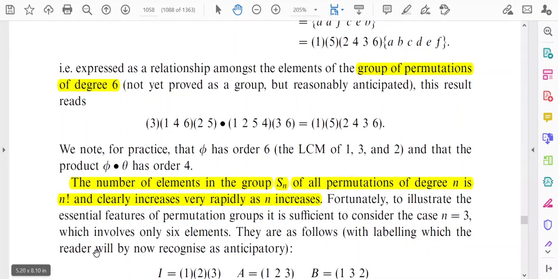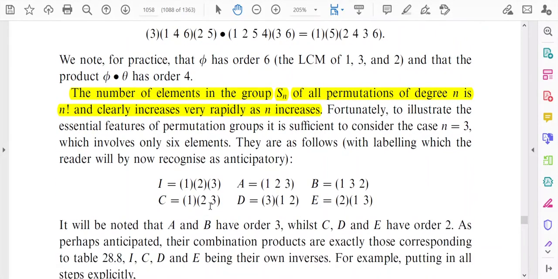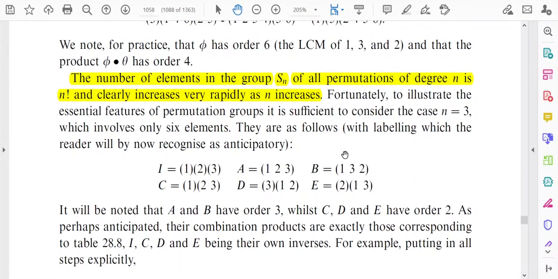Now we have already discussed that the number of elements in the group Sn of all permutations of degree n is represented by n factorial. So as n increases, the number of permutations also increases. Now for simplicity, we consider a case when the value of n is 3. The value of n being 3 means there are 3 objects.